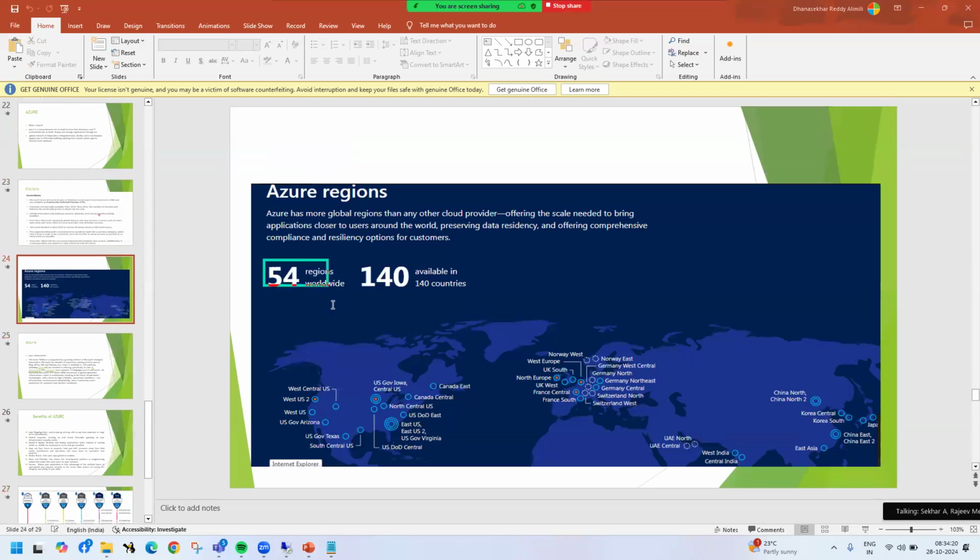So here, 60 plus regions, 140 countries, Microsoft has their own data centers. Why did Microsoft establish world-class infrastructure and data centers across the world? Because nowadays business is at our doorstep.